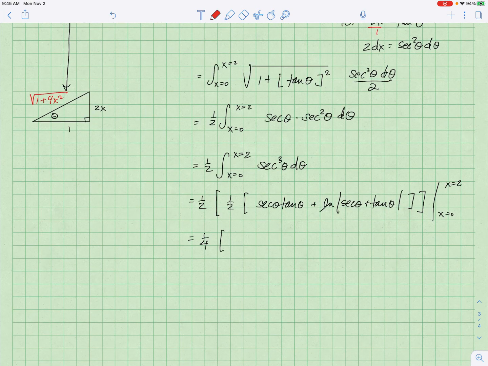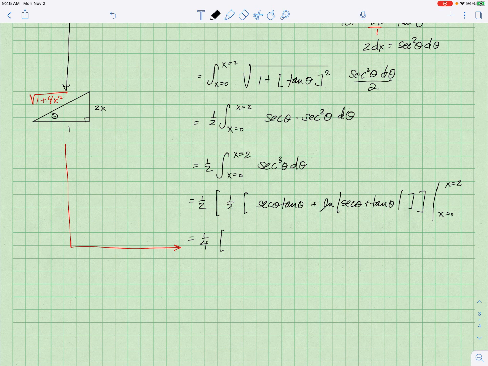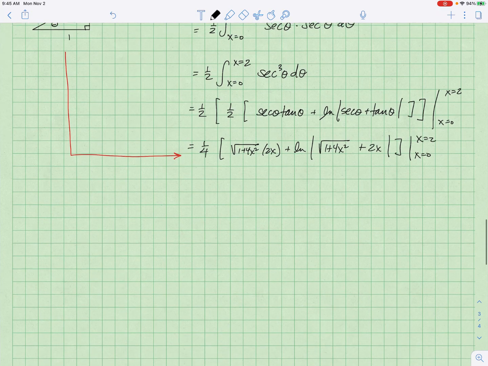So when we use that information here, we have the secant of theta, which is the hypotenuse over adjacent, which is the square root of 1 plus 4x squared, times the tangent, which is 2x, plus the natural log of the absolute value of the secant, which is the square root of 1 plus 4x squared, plus the tangent, which is 2x, all evaluated from x equals 0 to x equals 2.